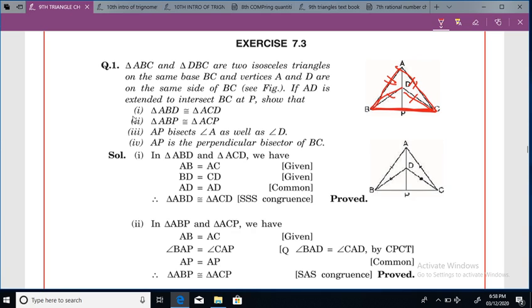If AD is extended to intersect BC at P, that is, if AD extended touches BC at point P.